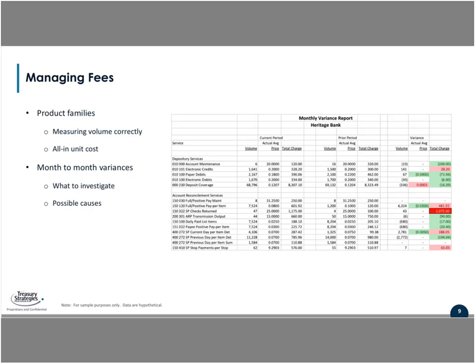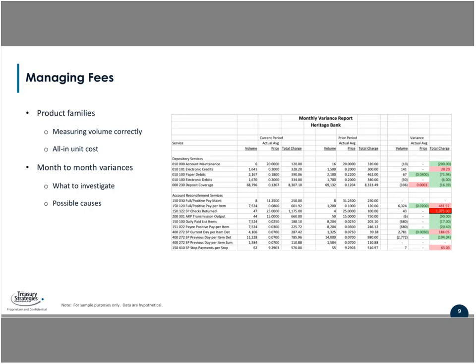Now, some banks call this regulatory recoupment, some call it balance administration fee, but that's basically the charge for holding balances at your bank, and in this case, our sample client is actually paying $8,300 a month simply as a balance deposit charge. Many of our clients, when they see this, actually aren't quite aware of what that is, and may be in a position to do something about that.